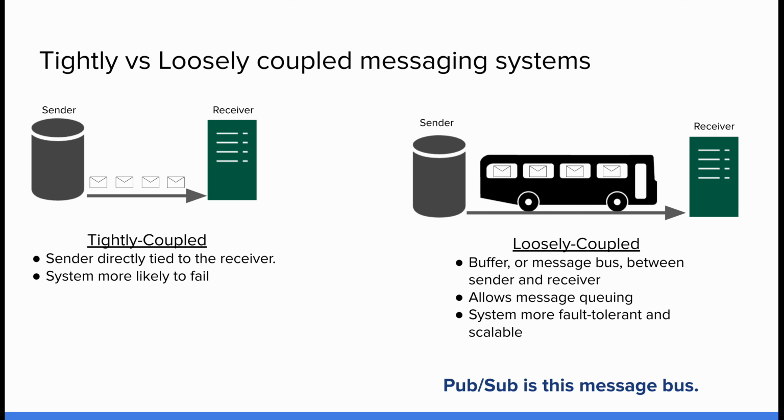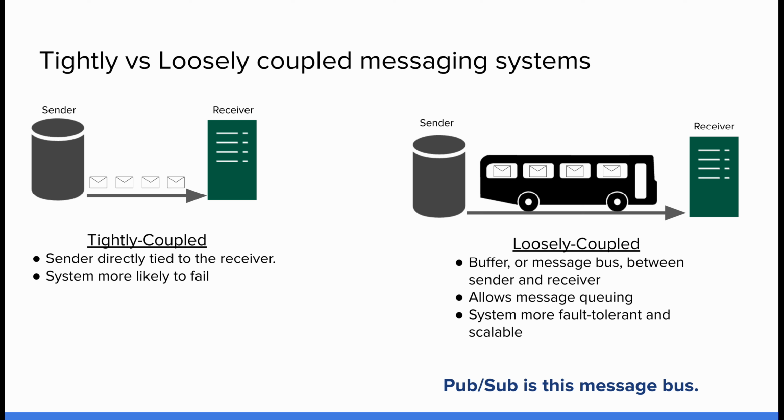PubSub is this message bus. It creates loosely coupled messaging systems. It decouples the sender and the receiver by allowing messages to be published to a topic where multiple receivers or subscribers can then access those messages as they need to.